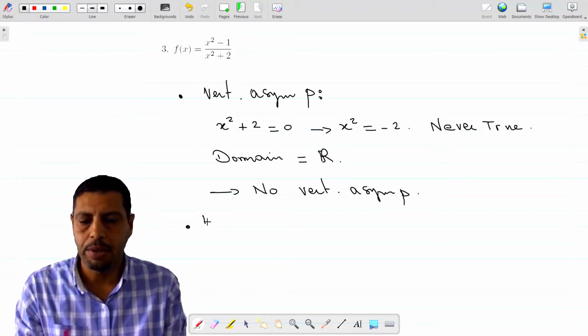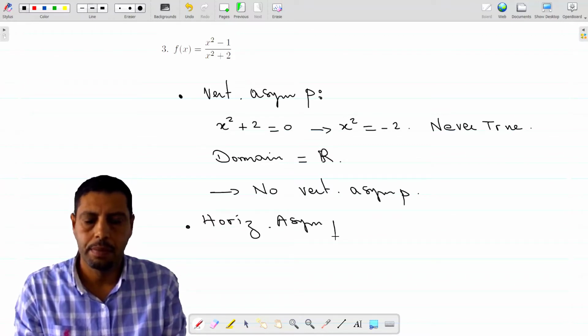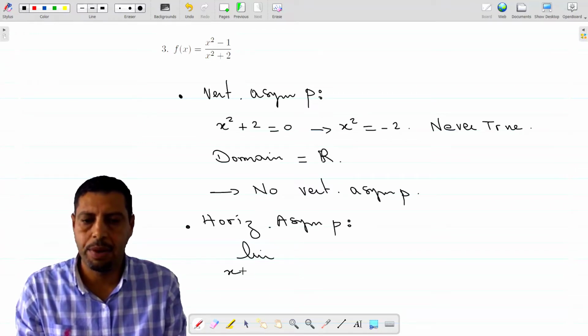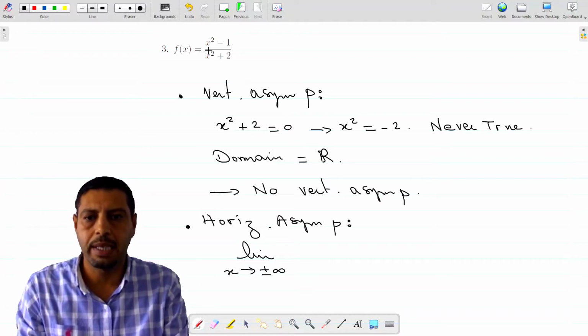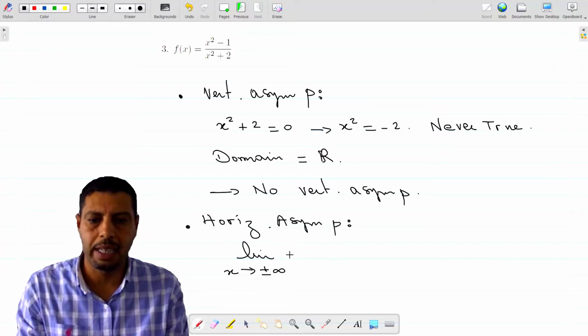For horizontal asymptotes, we're going to compute the limit as x approaches plus or negative infinity, since I will find the same thing. Here you can see that the leading terms are x squared and x squared, so it will give a constant on both plus and negative infinity.